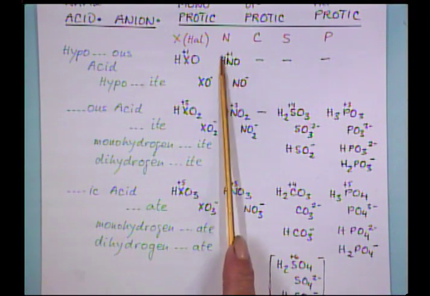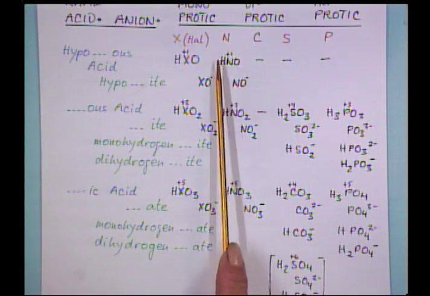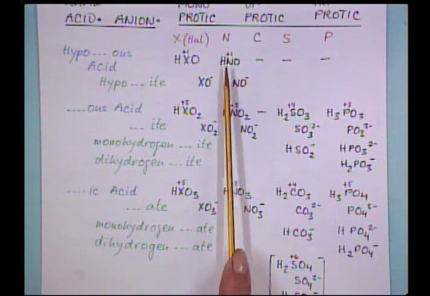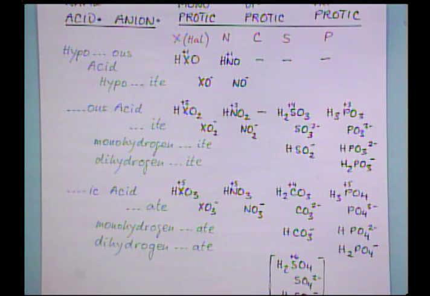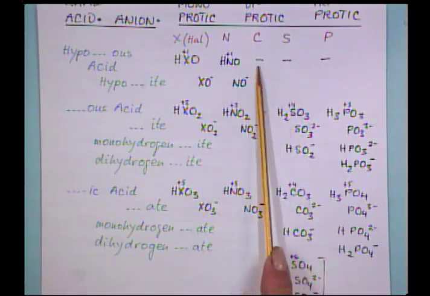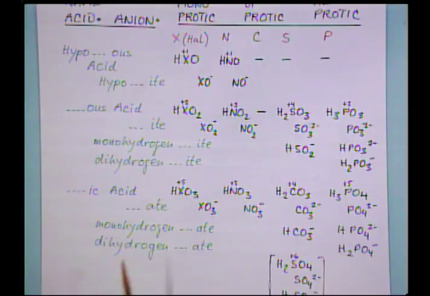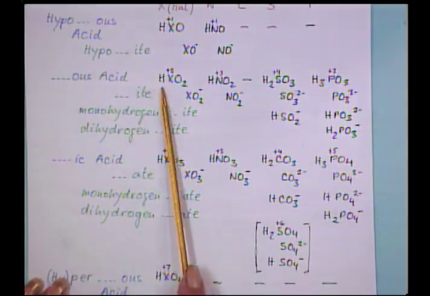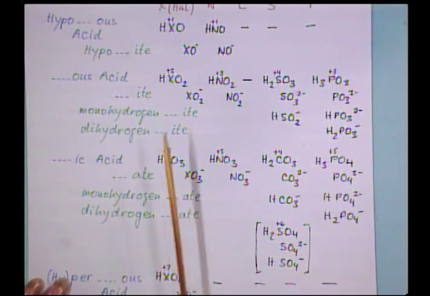And here we have a nitrogen-containing acid, which is not very common, but it would be called hyponitrous acid, and the salts would be hyponitrites. We don't have any of that low level for carbon, sulfur, or phosphorus-containing acids. Then the next higher oxidation state would be where you have already more oxygen involved.